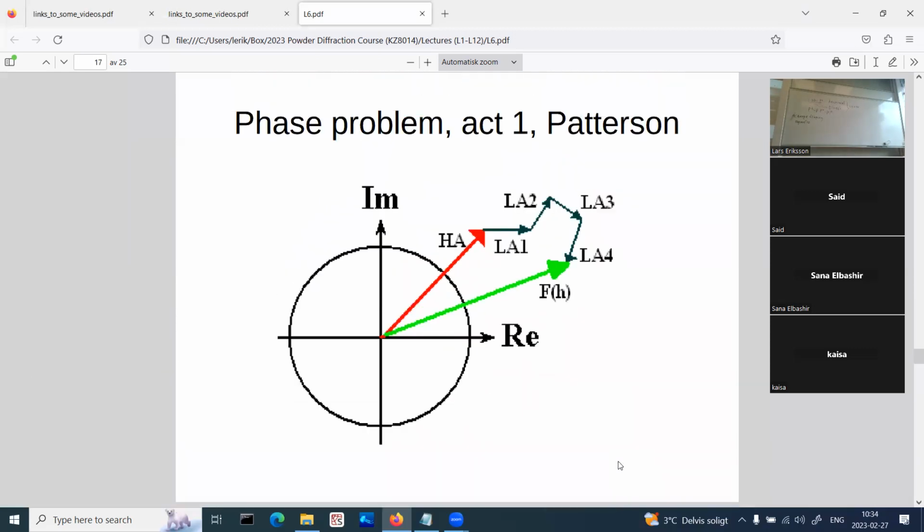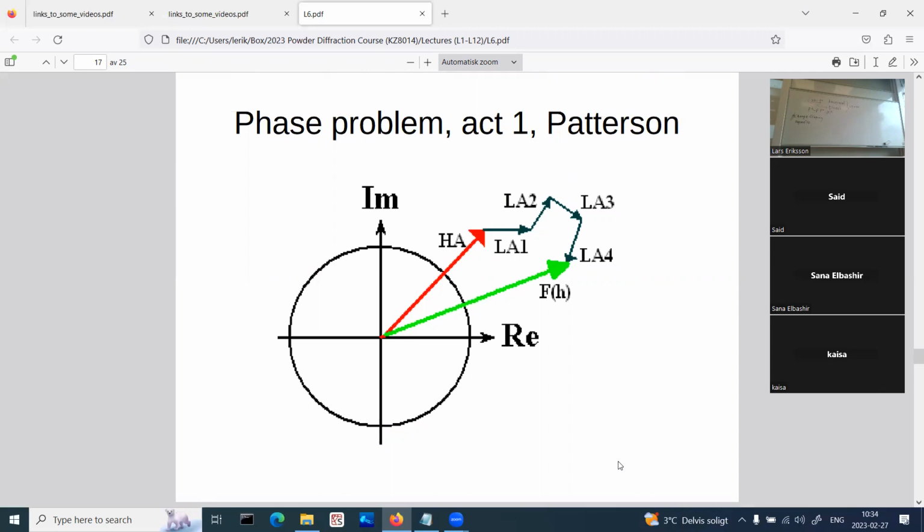The phase problem: either we try to find the phase by so-called heavy atom methods, and one of the heavy atom methods is named after a guy by the name Patterson, published in 1935, I think.